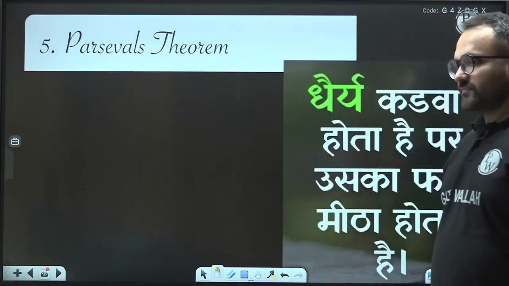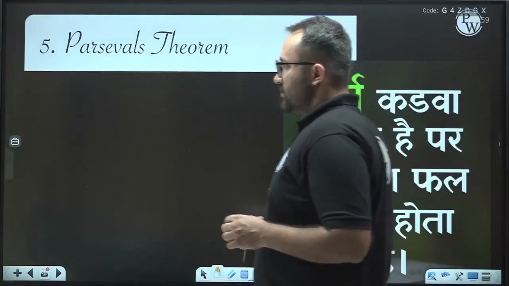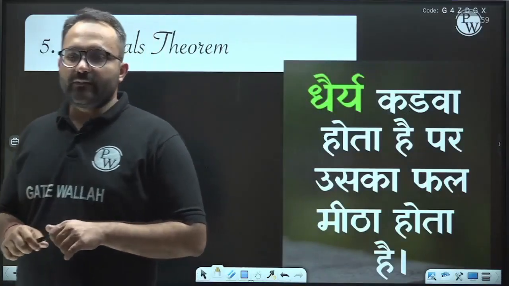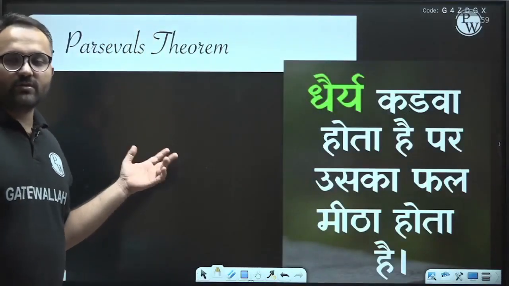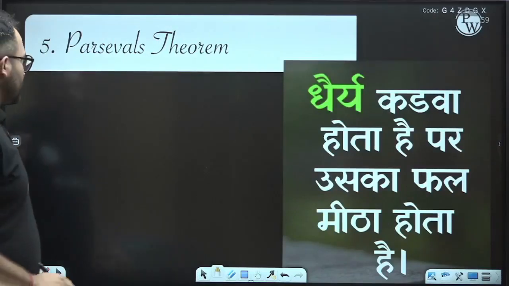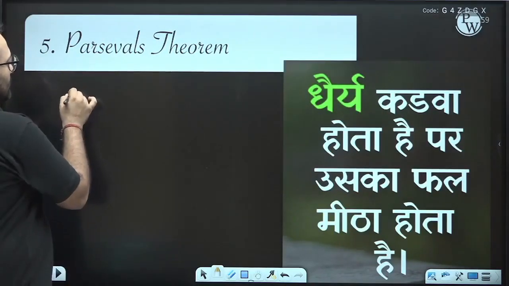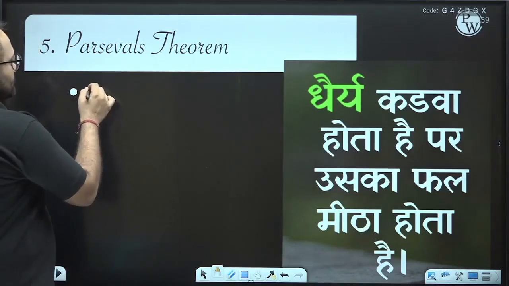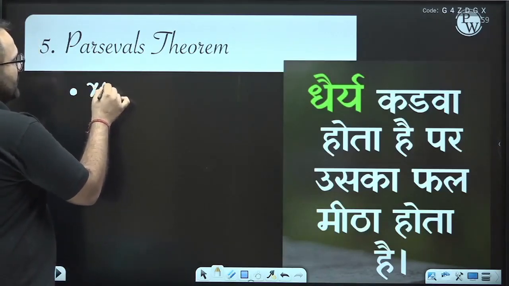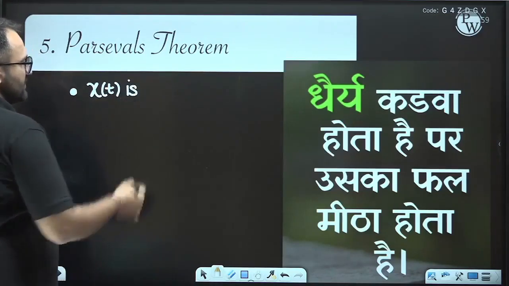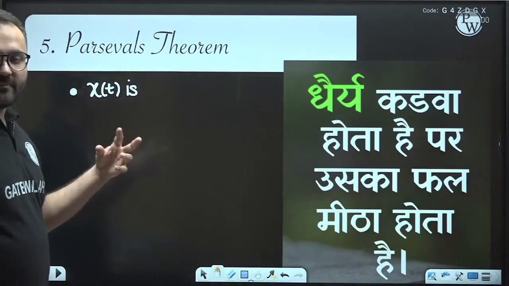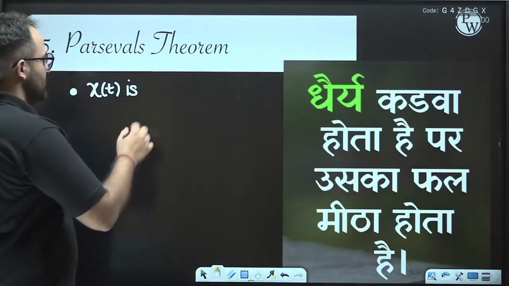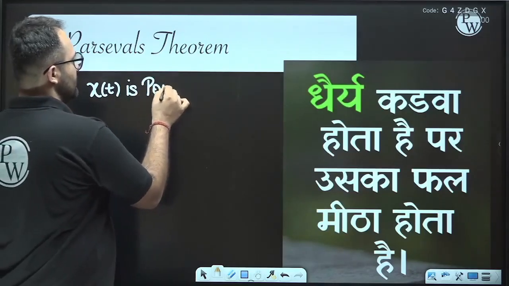Now last is Parseval's theorem. The last important theorem is Parseval's theorem. It says that x(t) is a periodic signal and periodic signals are power signals. So x(t) is a power signal, right?